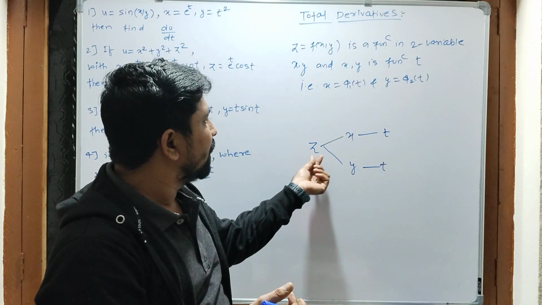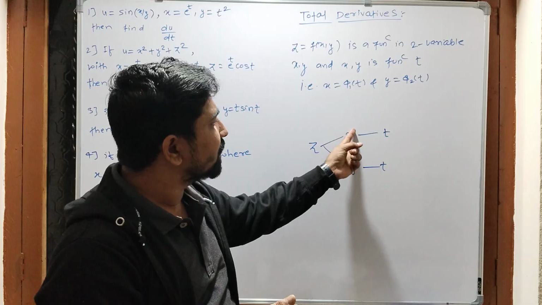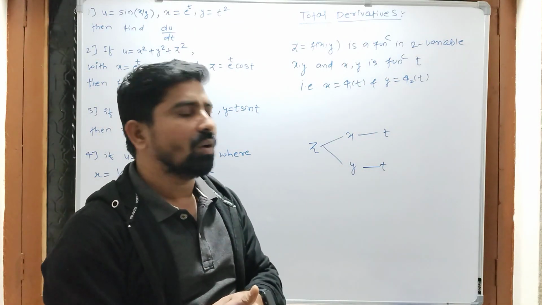So z depends on these two independent variables x and y, and x is again a function of the single variable t.